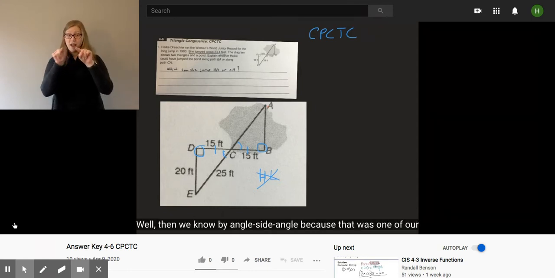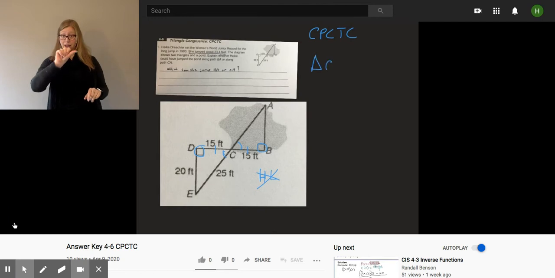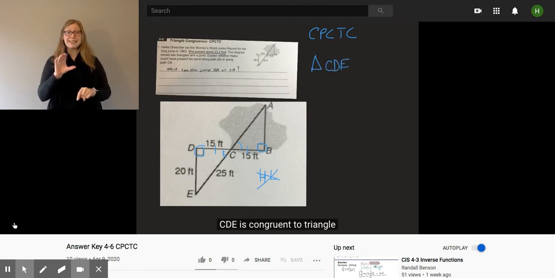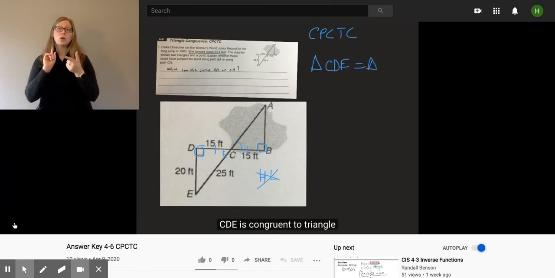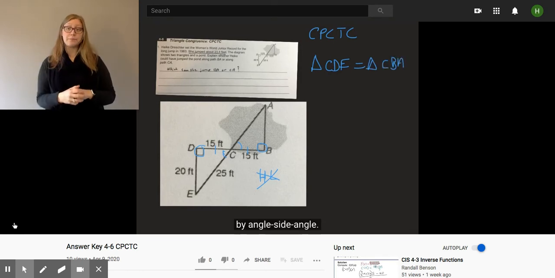Well, then we know by angle, side, angle, because that was one of our postulates, that triangle CDE is congruent to triangle CBA by angle, side, angle.